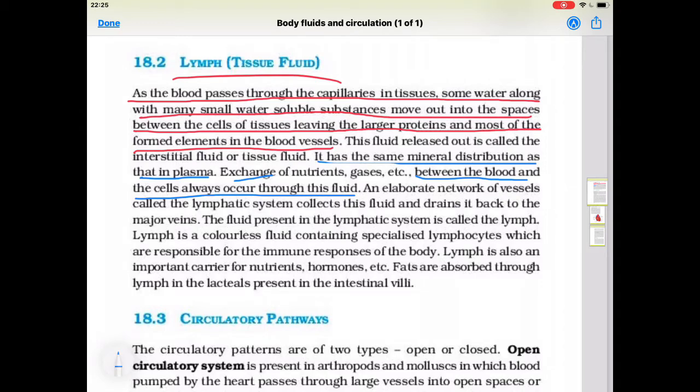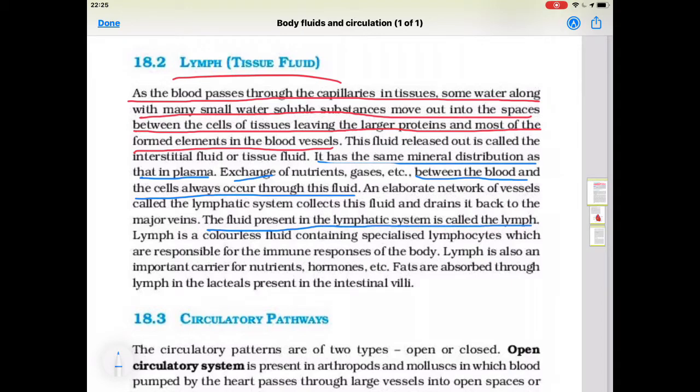The liquid which has come out from the vessels earlier near the tissue region, again this fluid is taken by the lymphatic vessels towards the right atrium of the heart. This fluid present in the lymphatic system is called lymph.